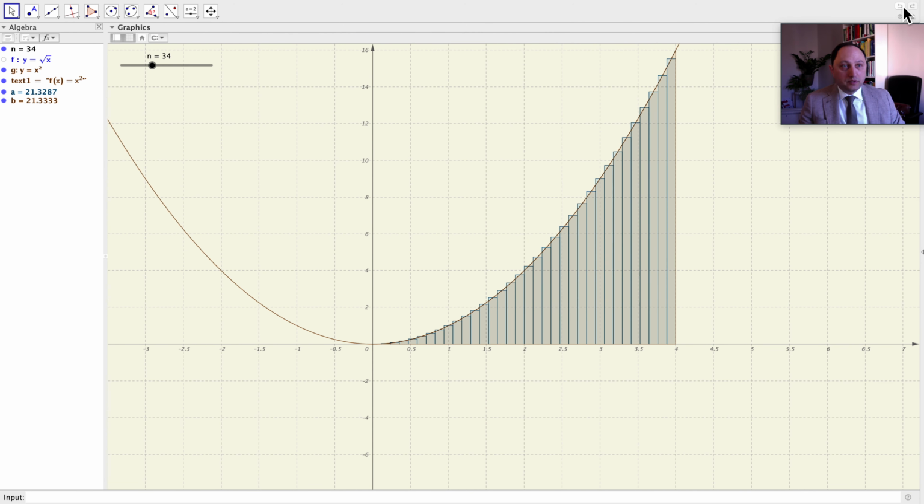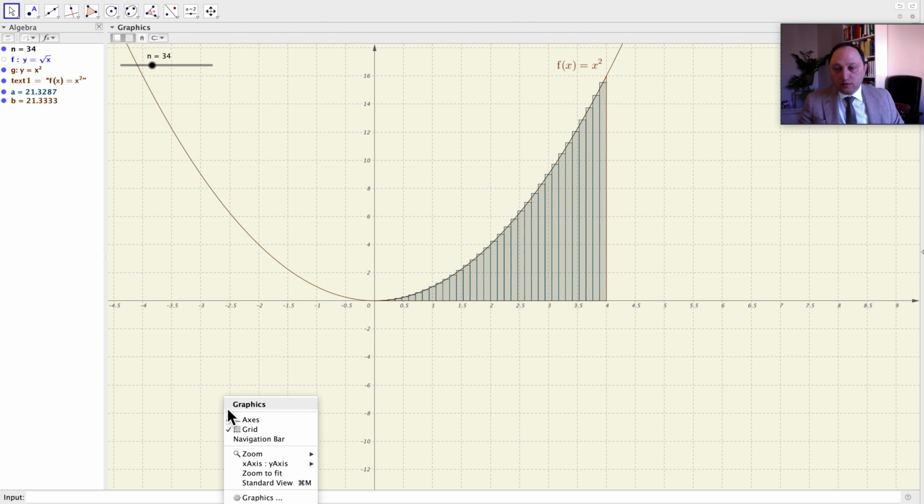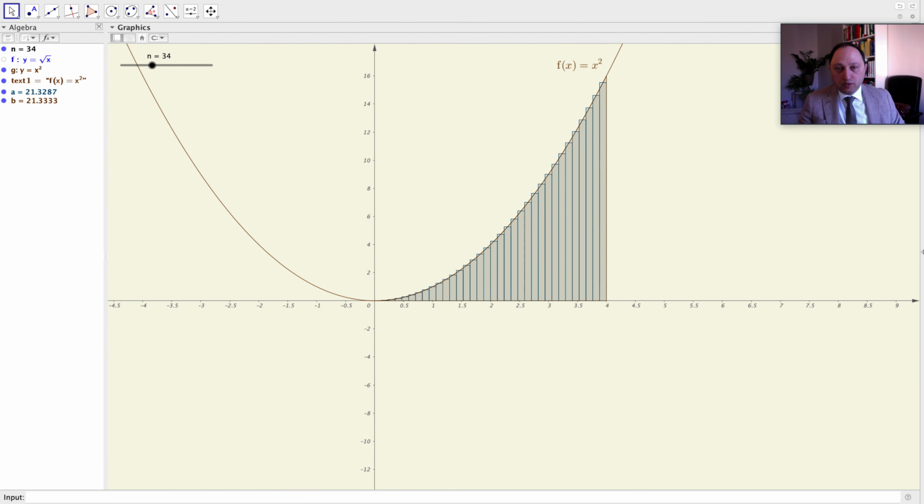Unfortunately sometimes this works strangely. Okay, so let me turn off the grids. So you see 34, of course your eyes can still detect the difference between the sum of the areas of the rectangles and that part, but let me increase this one.